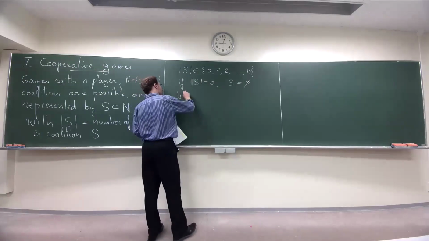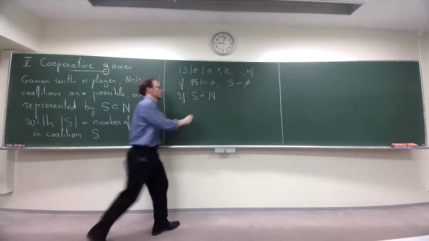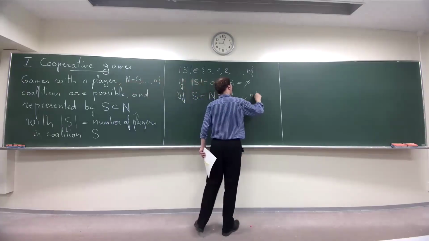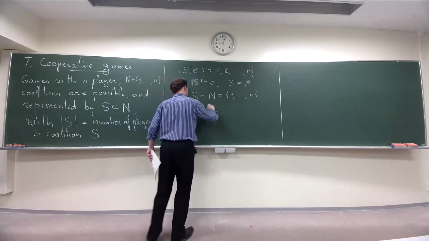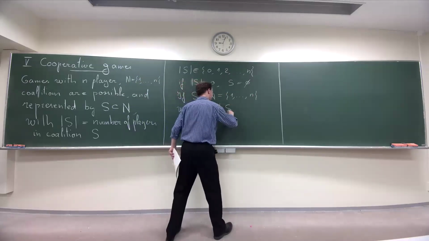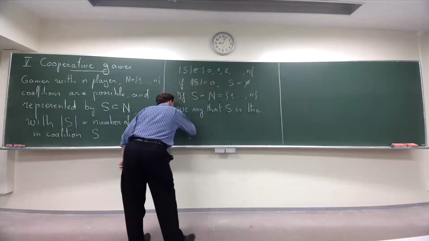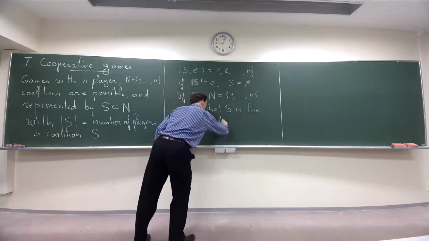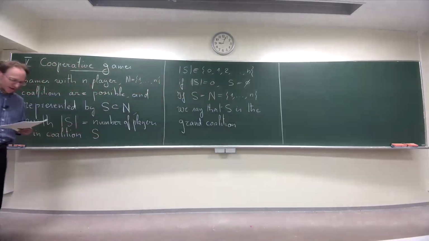And if you take S equal to capital N, so if this group contains all players, we say that S is, there is only one, and it's called the grand coalition. So it's probably from French, grand coalition, which means a big one.